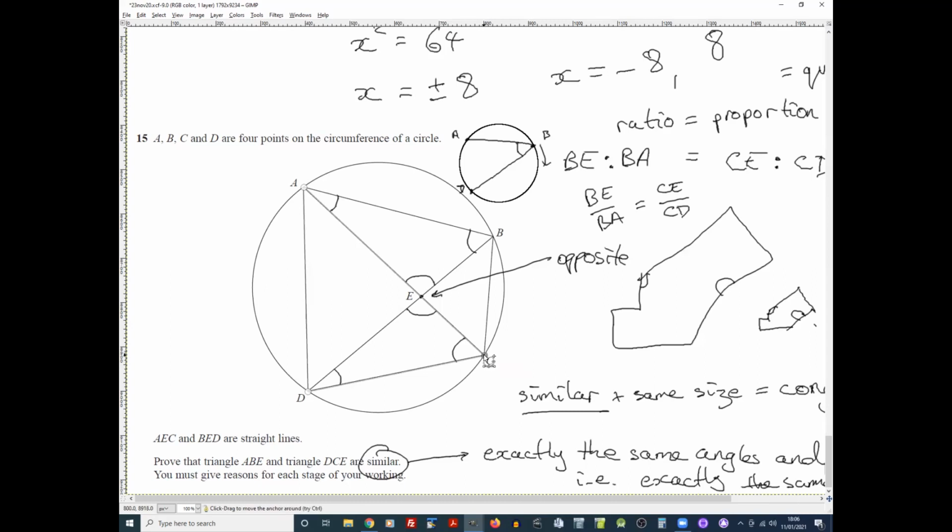And the reason is, I'm not sure if you'll accept the reason. You might say, I thought you were going to explain this to me, and all I'm doing is saying it's a rule. What they expect as a reason is for you to just quote the rule that angles in the same segment, and I'll explain what that means in a minute, are always equal.